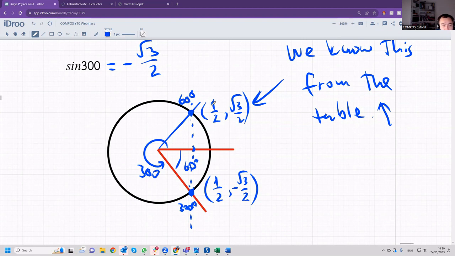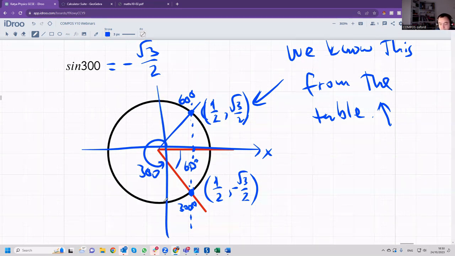If we flip over the x-axis, the x stays the same, but the y changes to negative. Right?